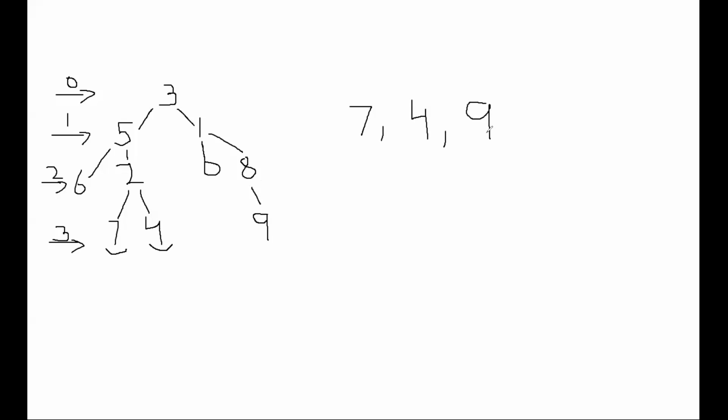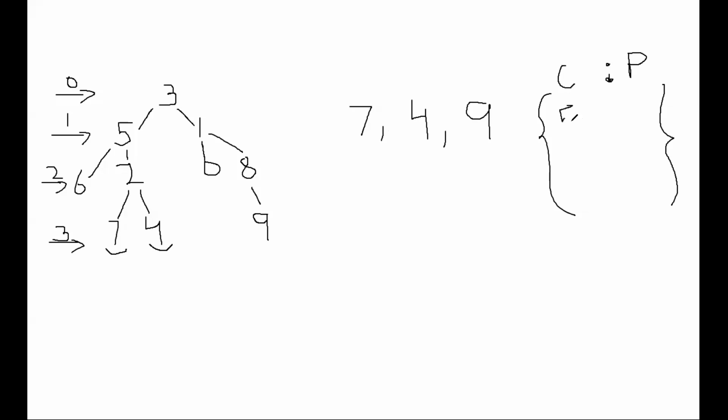Now, while we are doing the level order traversal, what if I maintain a map? It's a simple hash map where I have a child and its parent. While I'm doing the level order traversal, I can create this map, correct?